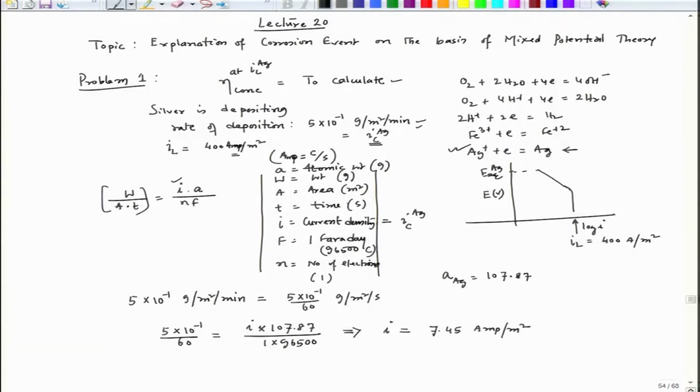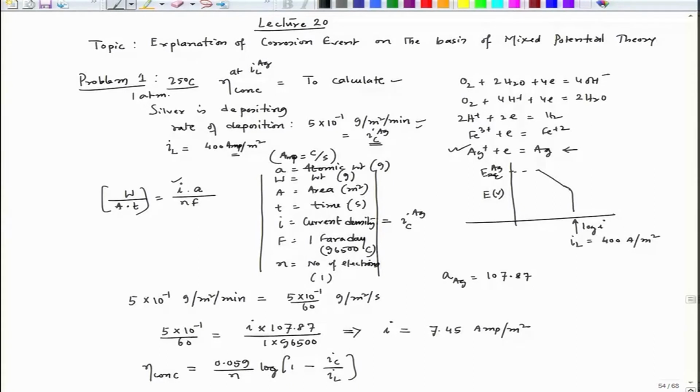Now, once we get this, I can find out the concentration polarization value, which is 0.059 by n log 1 minus IC by IL. Remember, all the calculation we will be doing at 25 degree Celsius as well as 1 atmosphere pressure.